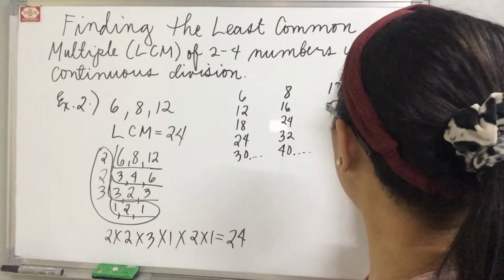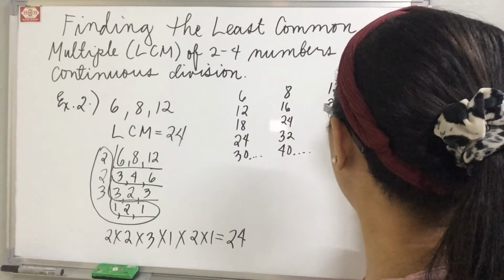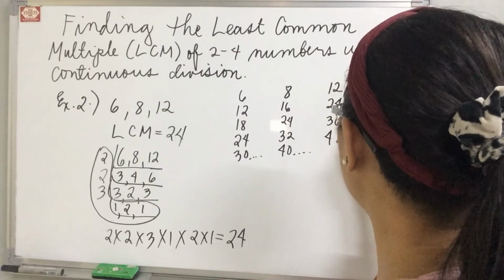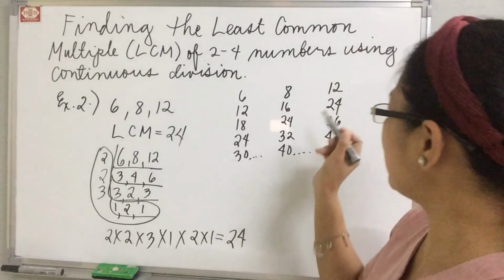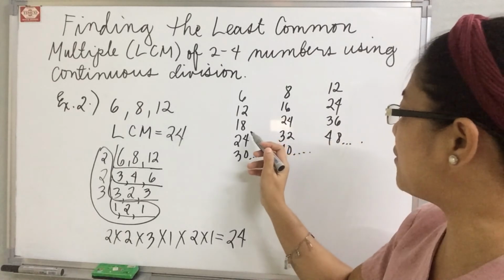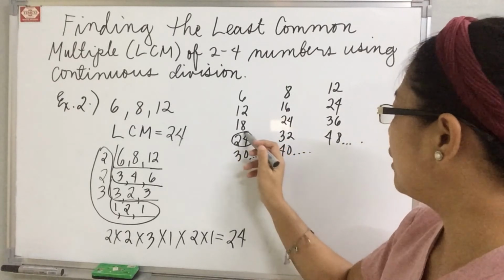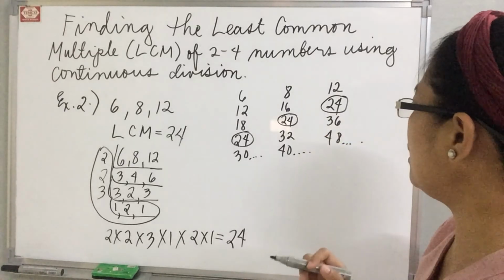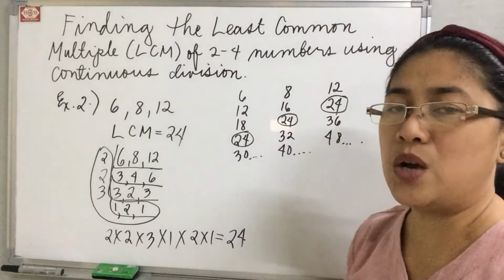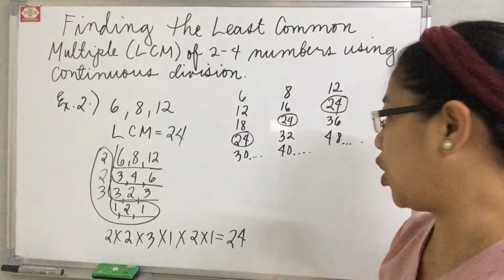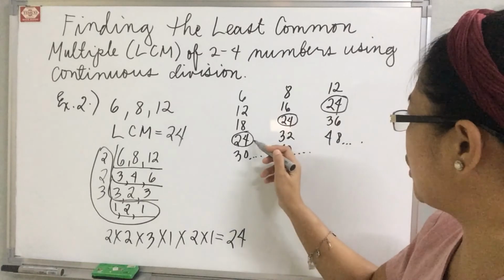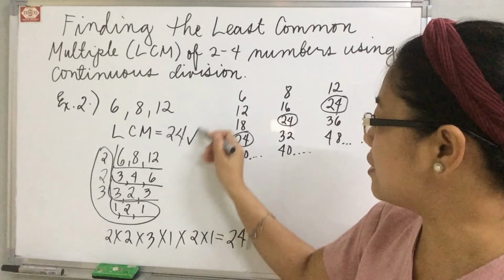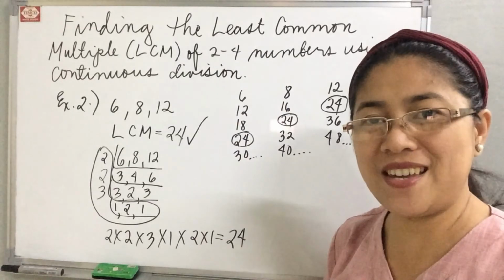And we have 12, 24, 36, 48, and so on. Since we already have the very first number that they have in common, okay, we have already found our least common multiple, which is 24. So therefore, our answer here is correct.